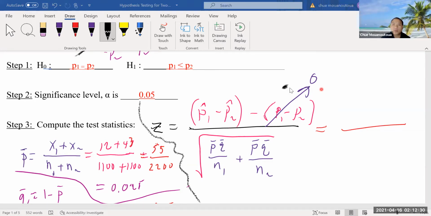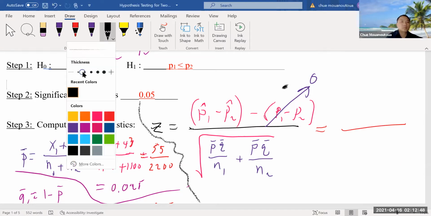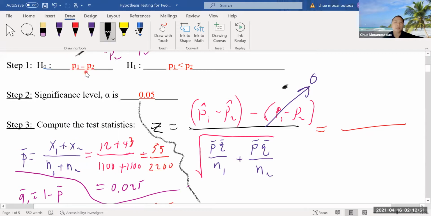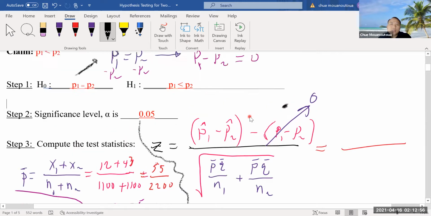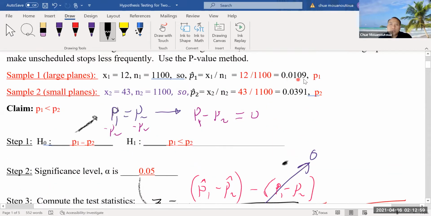Okay, I just pretend this part is not there because it goes to 0 anyway. I'm just going to focus on this part and the rest. So P hat 1 is 0.0109. P hat 2 is 0.0391. Just put it there.